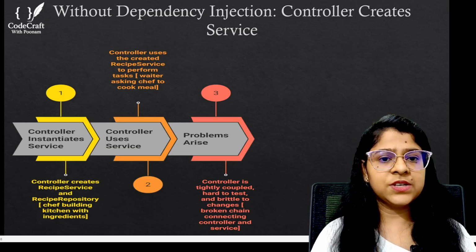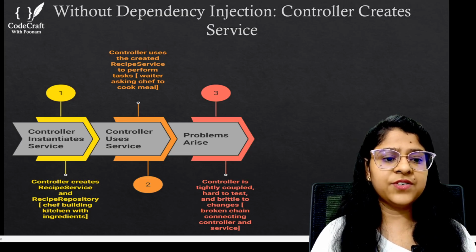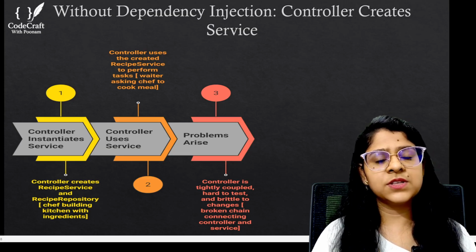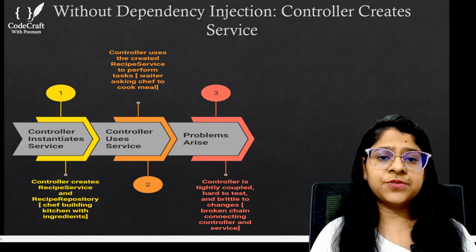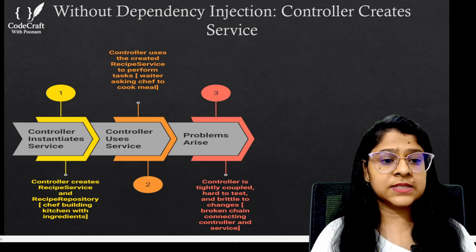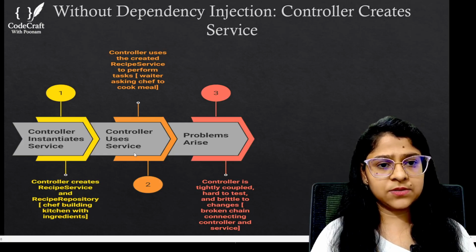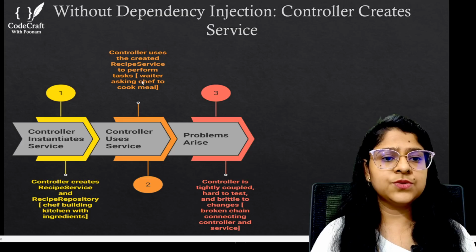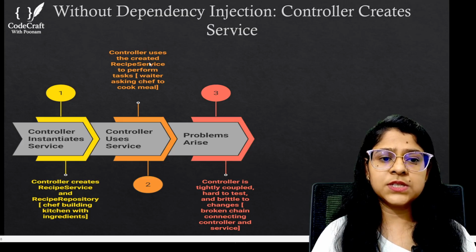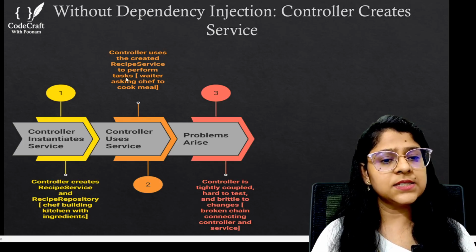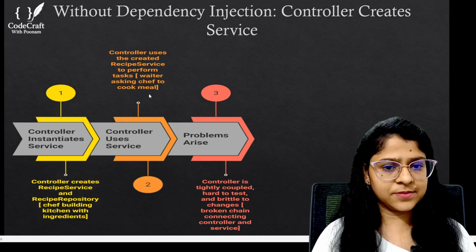So it is too much responsibility for a controller layer if you add all the service layer and repository layer things in it. And then the controller uses the service. So when the controller layer uses the created recipe service to perform a task, it's just like a waiter asking the chef to cook a meal, right?